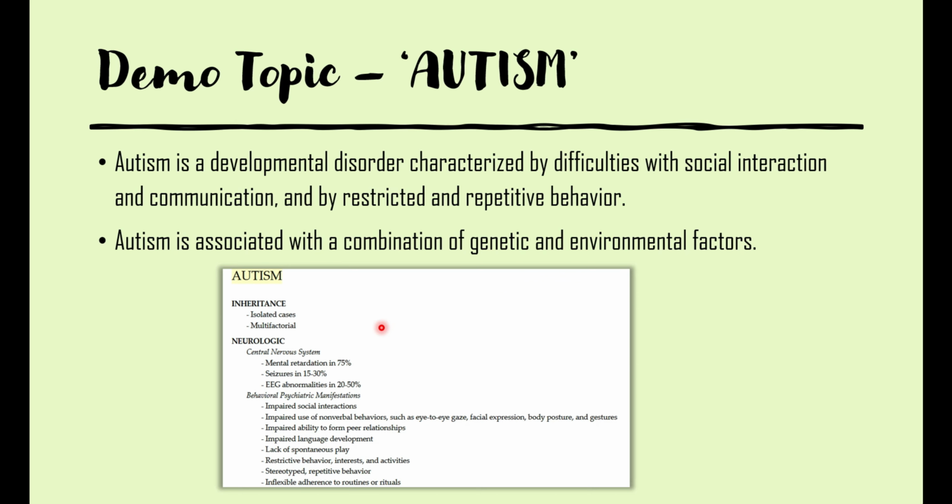It says it is inherited in isolated cases and it's multifactorial. It is neurologic. It affects the central nervous system and it has behavioral psychiatric manifestations, like difficulty in social interaction and non-verbal behavior such as eye-to-eye gaze, facial expression, body posture and gestures.